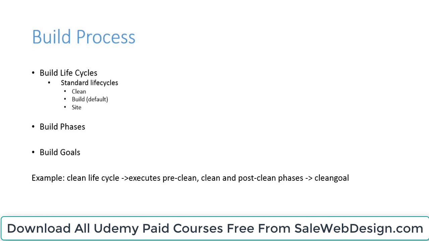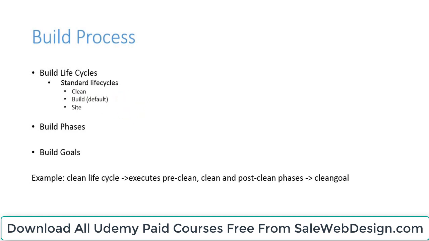Standard life cycles are clean, build, and site. Build is the default life cycle, which means that if you don't specify any life cycle in your command, this is the one that will be executed.